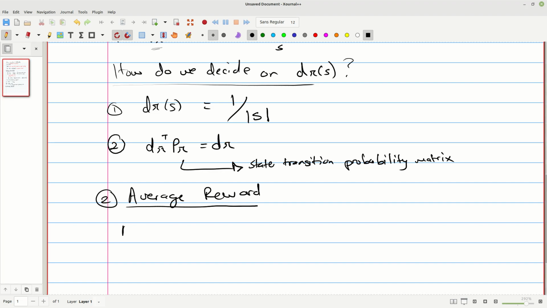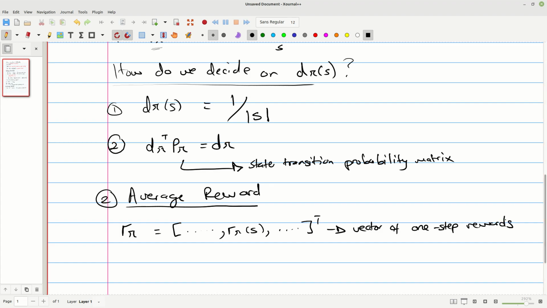So here we would have r pi, a vector of one-step rewards, so our immediate rewards. That's what this vector is.